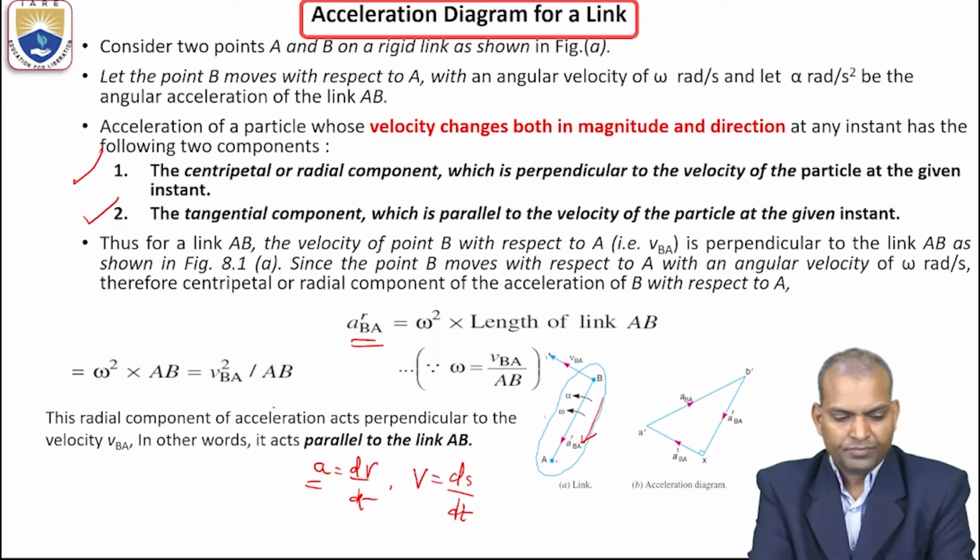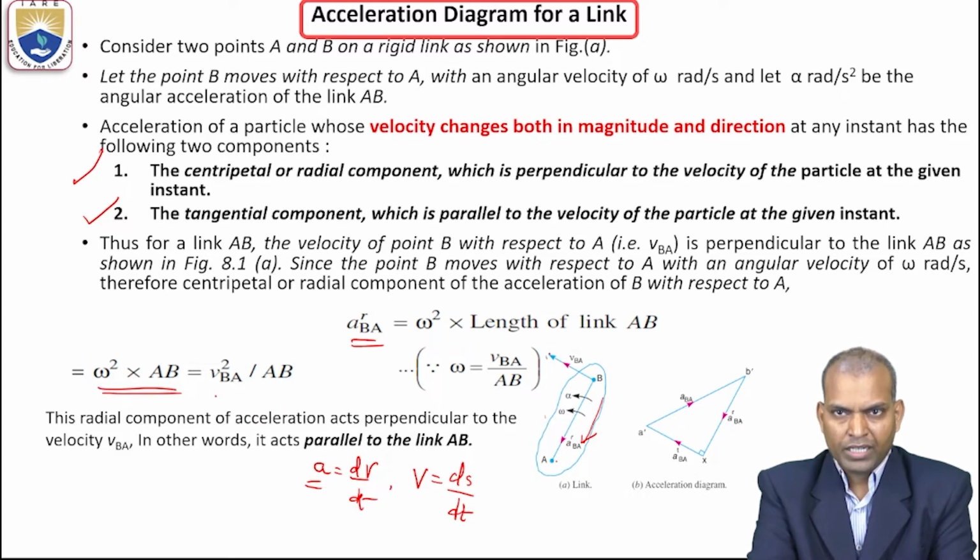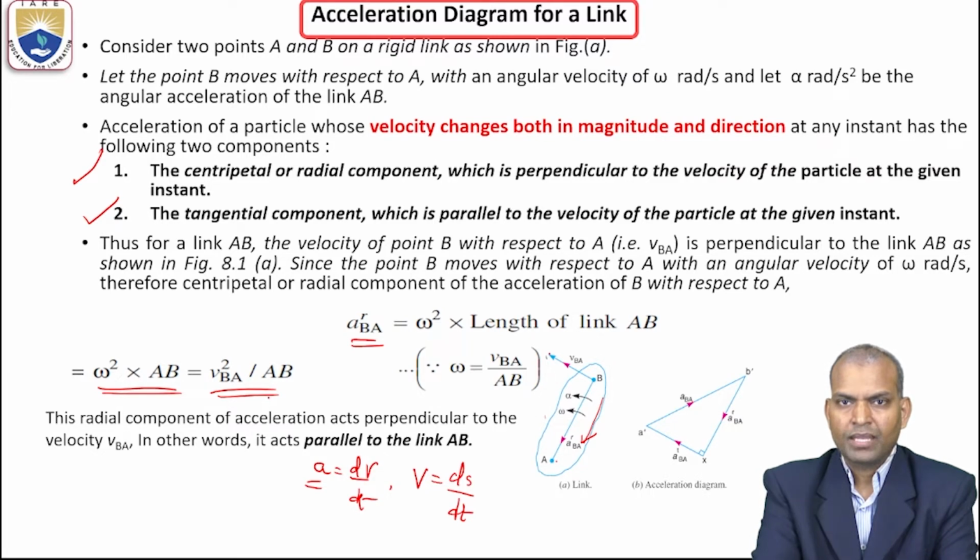Now, omega equals VBA by AB, whole square, times AB. The AB gets cancelled, so it becomes V square BA by AB. So this is the formula for the radial component.